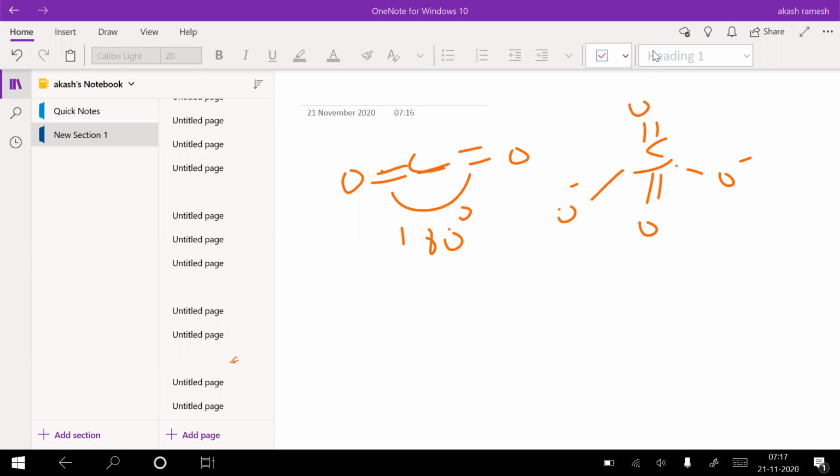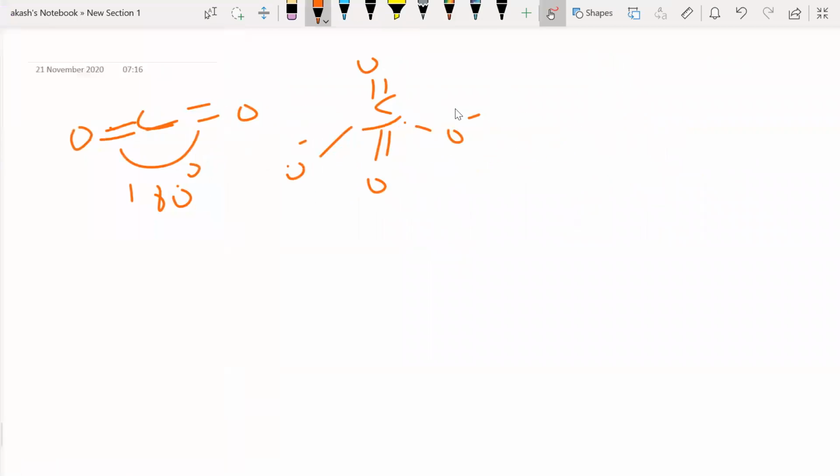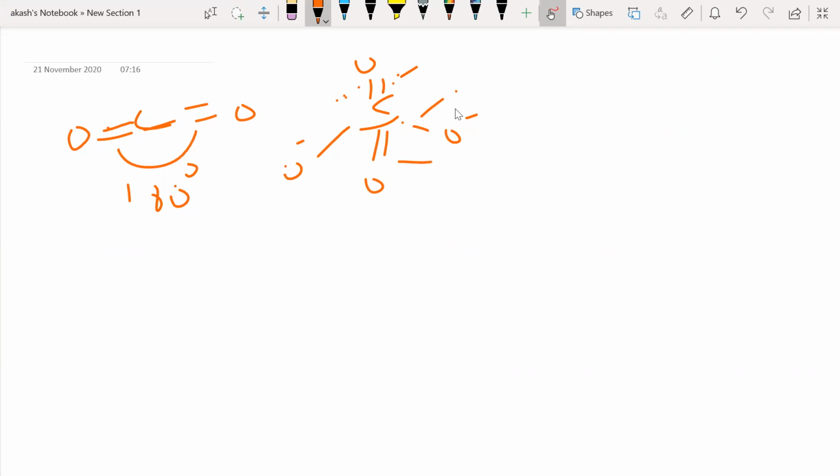No, sir. Yeah, right. So how will I calculate? Sulfur has 6 valence electrons. It belongs to the oxygen family. So 1, 2, 3, 4, 5, and 6. So totally 6 bond pairs are there. So there is no chance that I can have a lone pair.